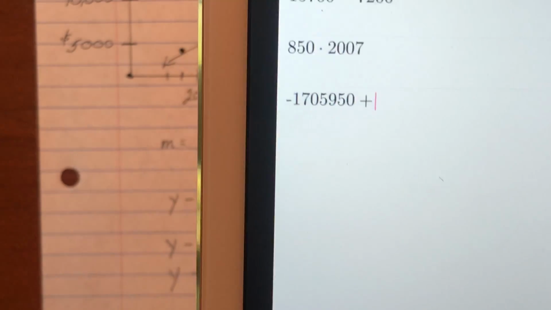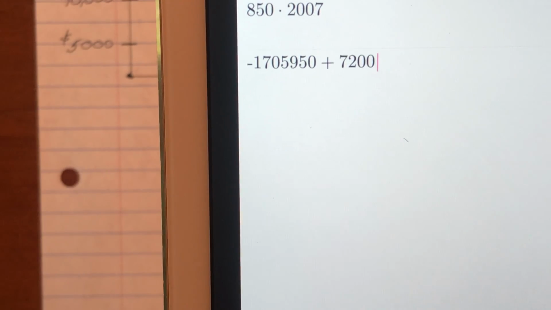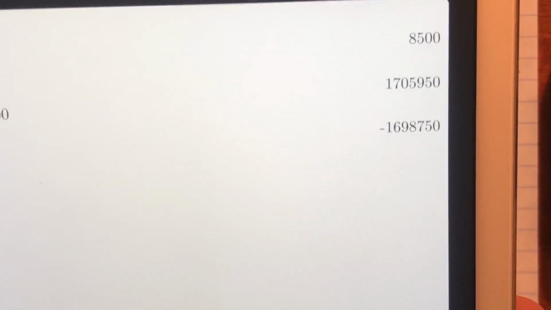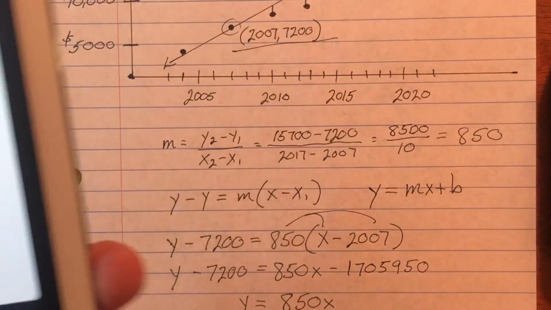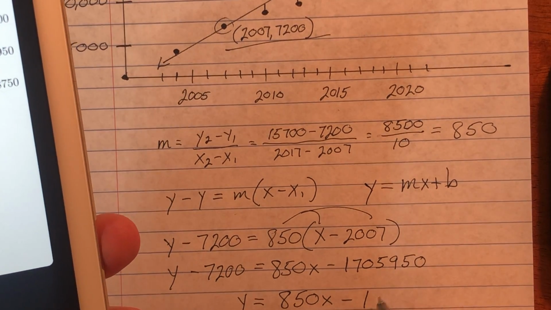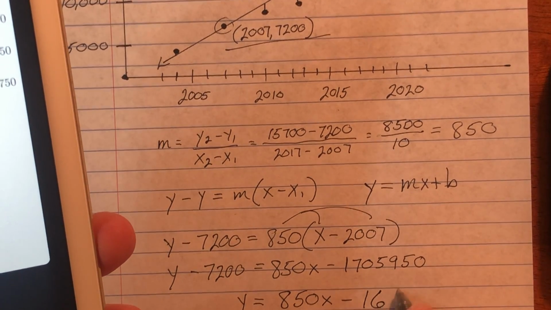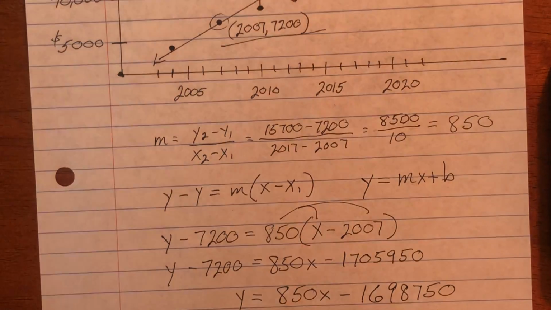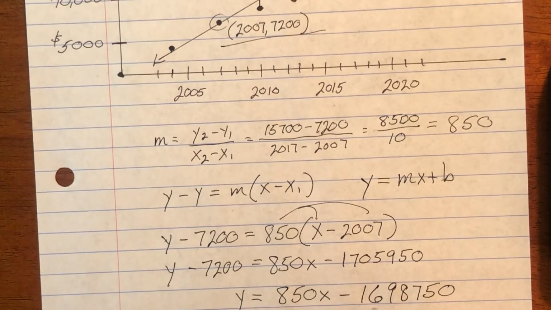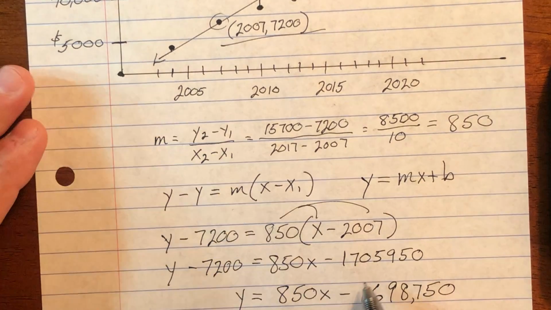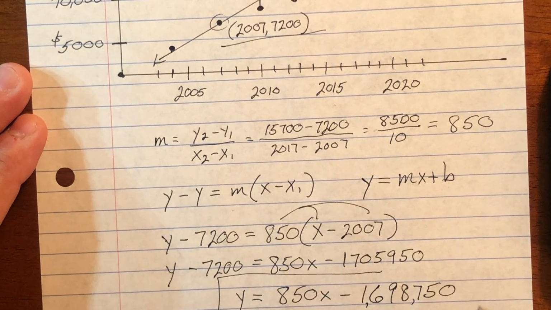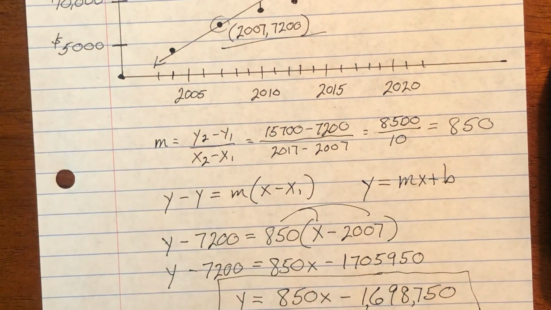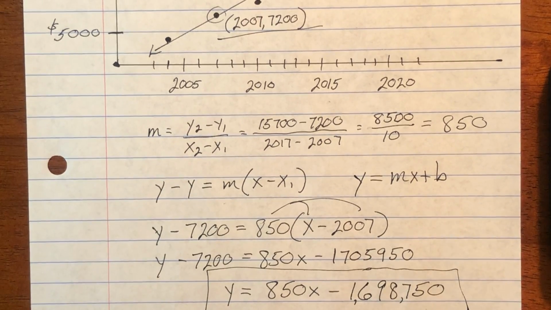I have to add 7,200 to that negative number, so I'm going to plus 7,200, and that equals negative 1,698,750. There we go. That is our equation. That is what we did using linear regression.